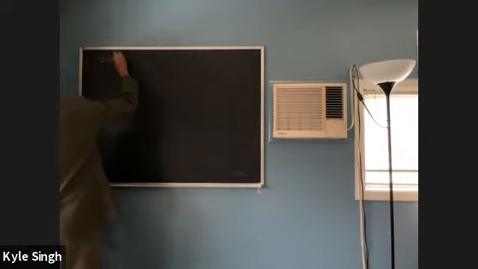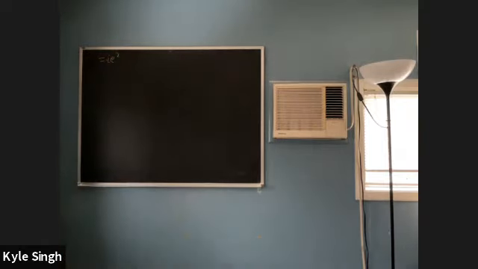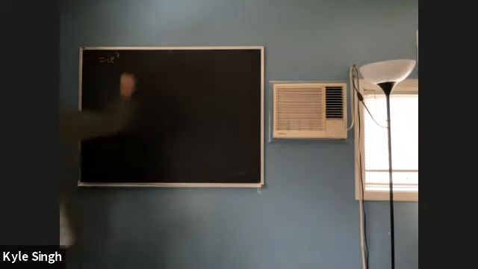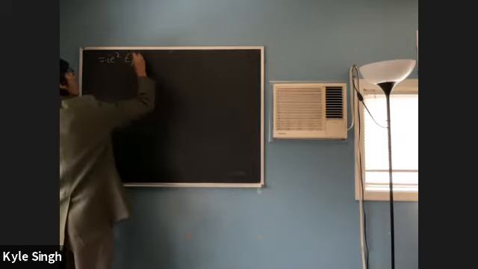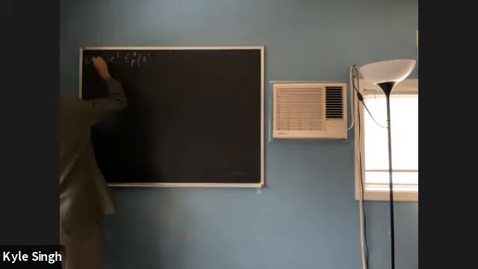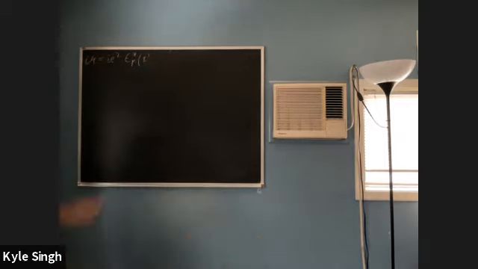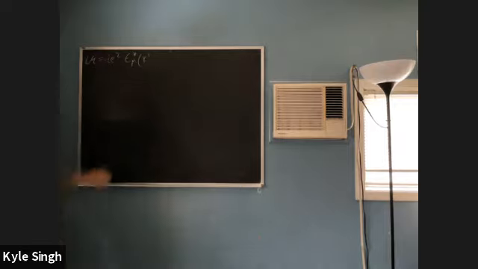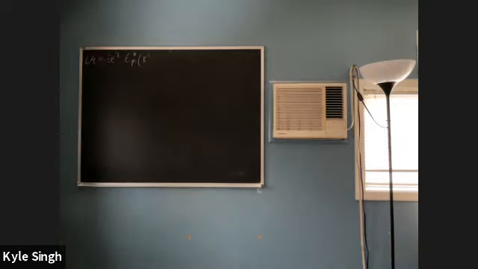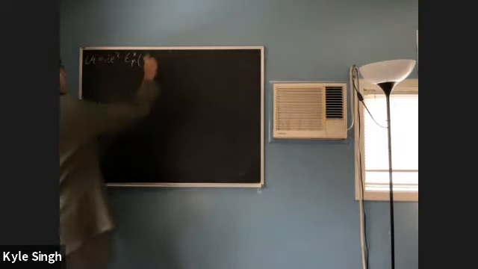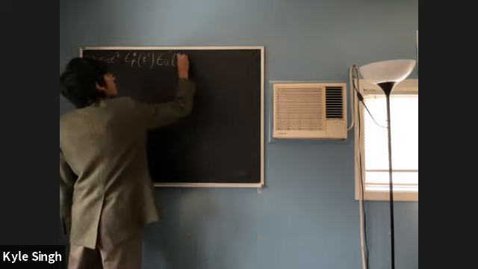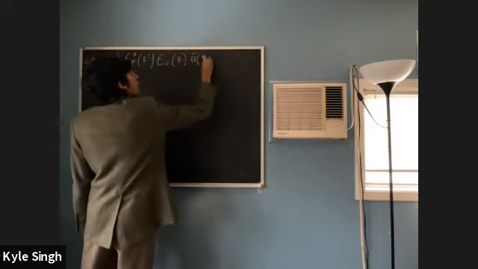So I always like to pull out these factors, minus i e squared, epsilon mu star of k prime. This is i mu, i m. I always call it mu. I don't know why. Should call it m. It's not mu. Epsilon mu of k, u bar of p prime.